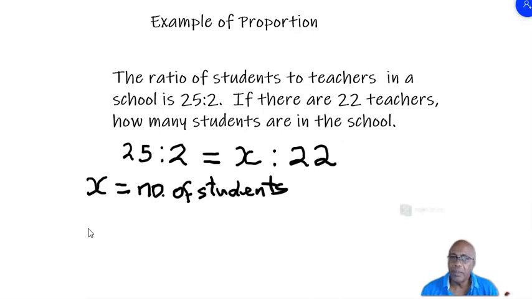And a fraction, remember originally when you look at fractions, we said that a fraction can be looked at as a number of equal parts taken from a whole, which has a number of equal parts itself. And so therefore, writing the 25 to 2 as a fraction, with the 2 representing the teachers, we can write the 2 as 2 parts.